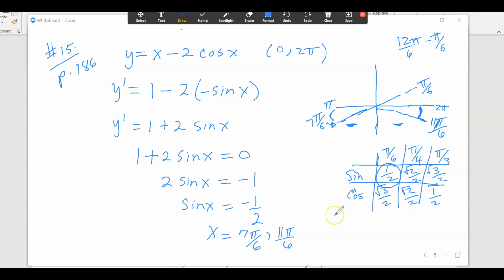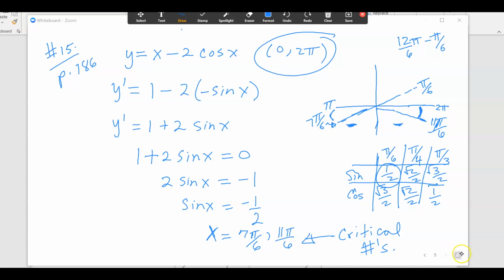So these are the two values on this interval, these are the two critical numbers, I should say. What do you think about that? Make sense?